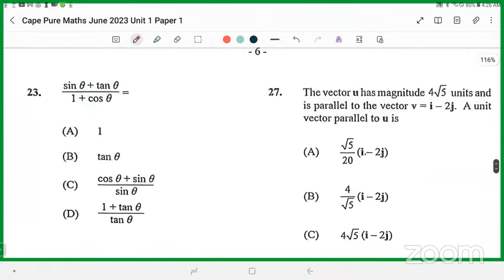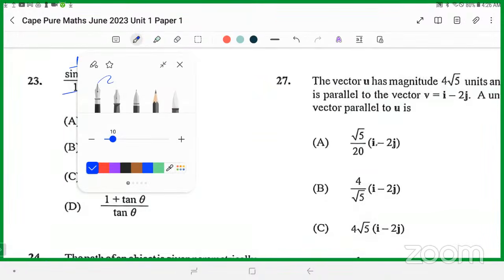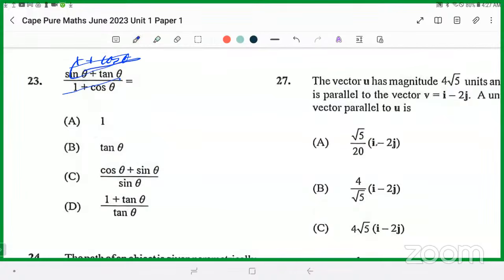This one now, let's see which one of these it is. First thing I notice is that this 1 plus cos is gone. So it means the numerator must have 1 plus cos in it somewhere to be cancelled out. So I'm going to introduce a cos here. To introduce a cos, I'm going to write this sine as tan times cos.